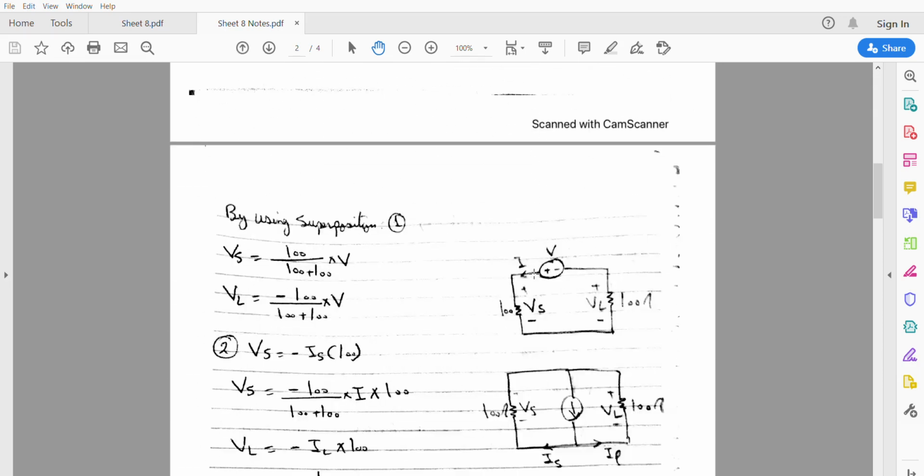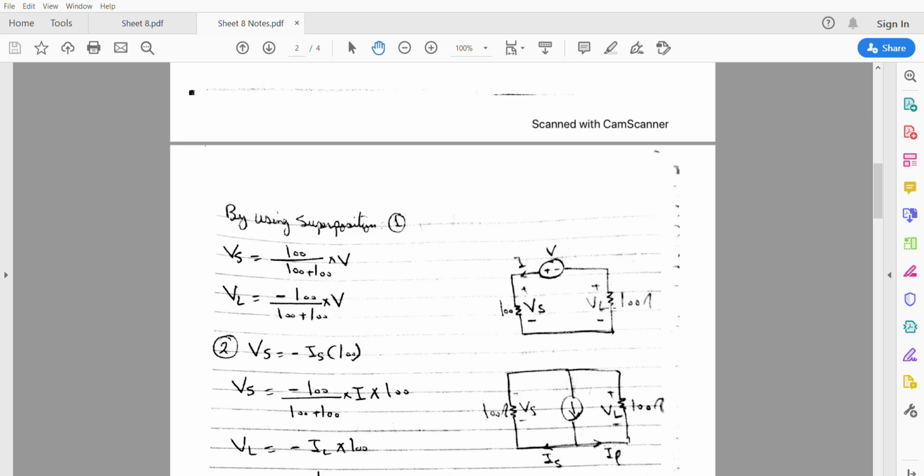If we apply superposition here, first by making the current source an open circuit and letting the voltage source remain, then if I need the value of Vs, I get it through voltage division: 100 over 100 plus 100 multiplied by V, whose value we get from above.